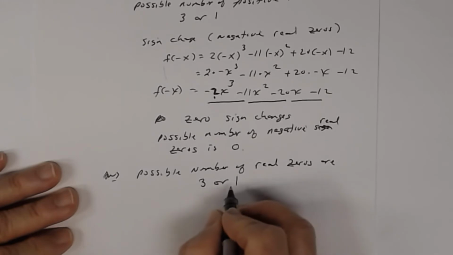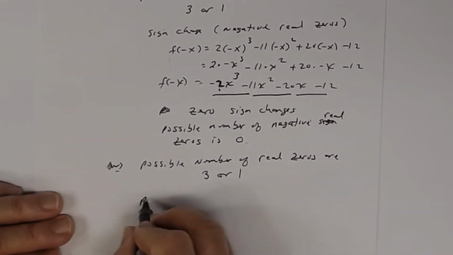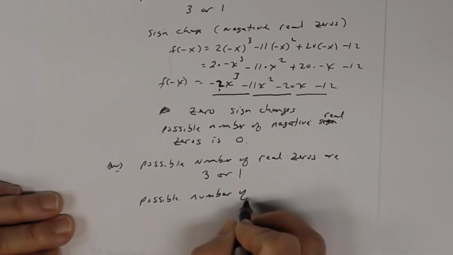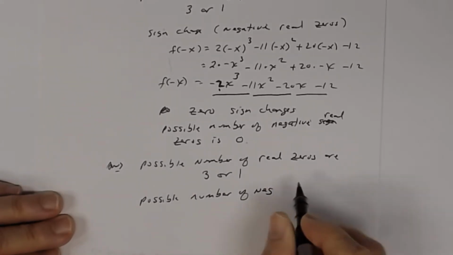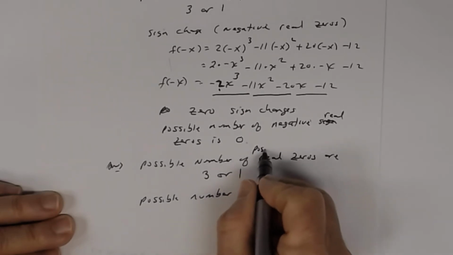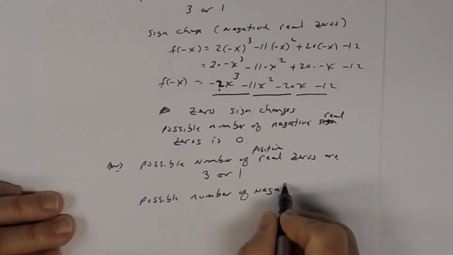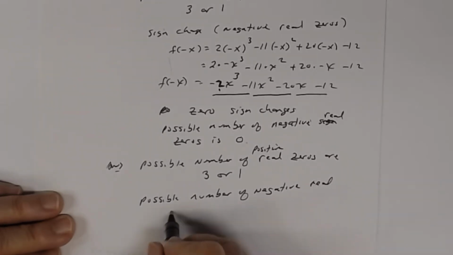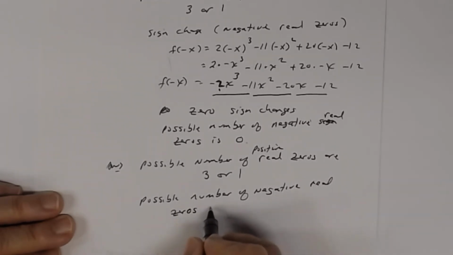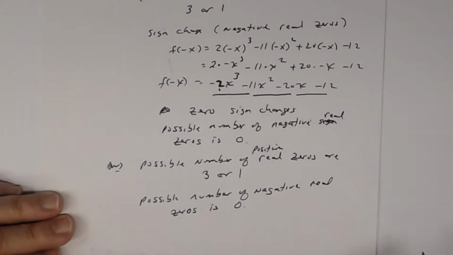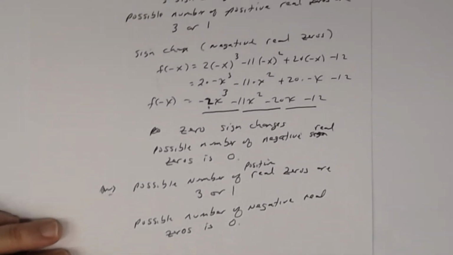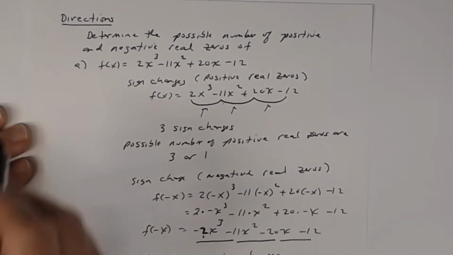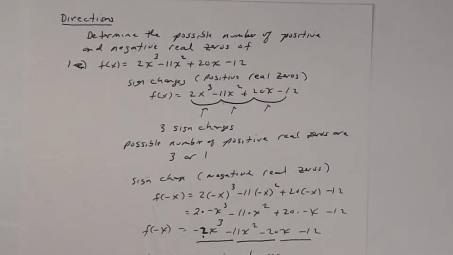Always decrease it by 2. The possible number of negative real zeros is 0. There aren't any. Okay, so that was example 1. So that was number 1 for those directions.